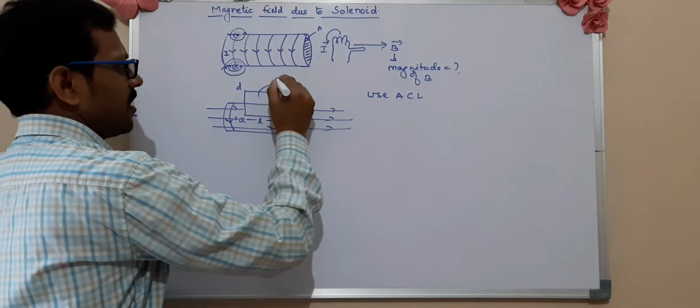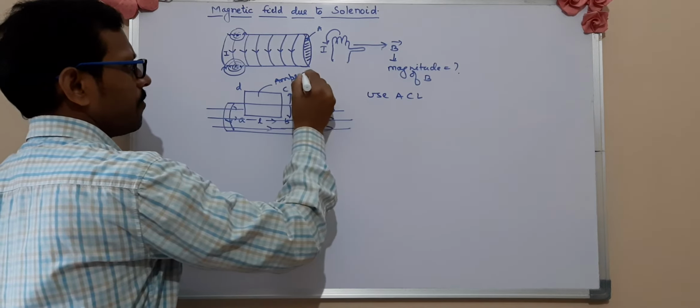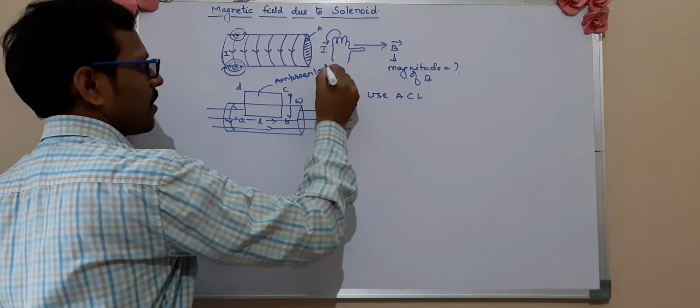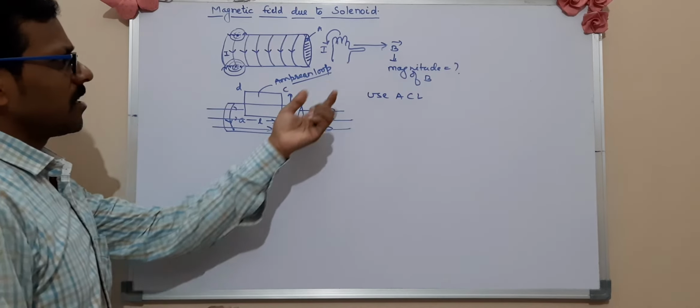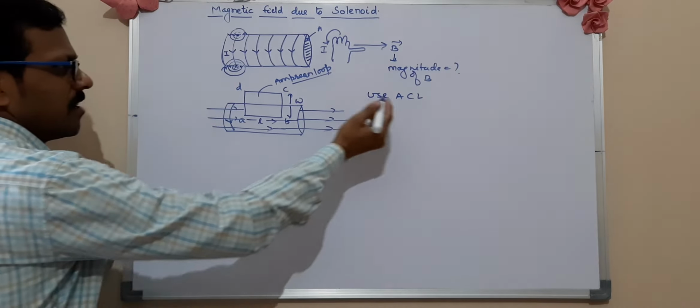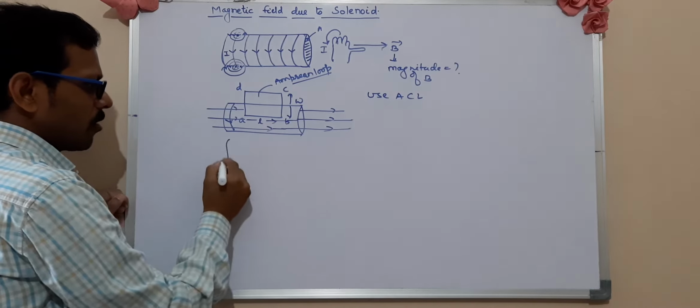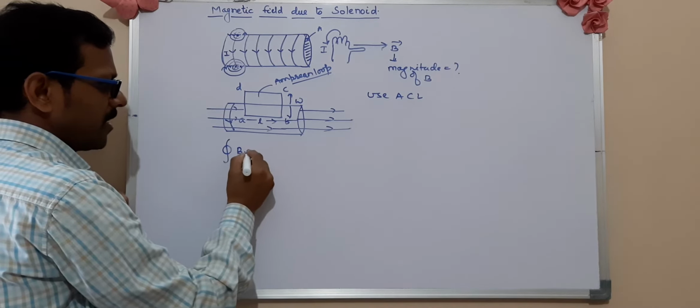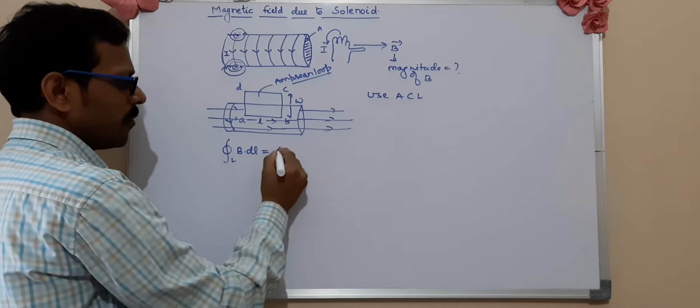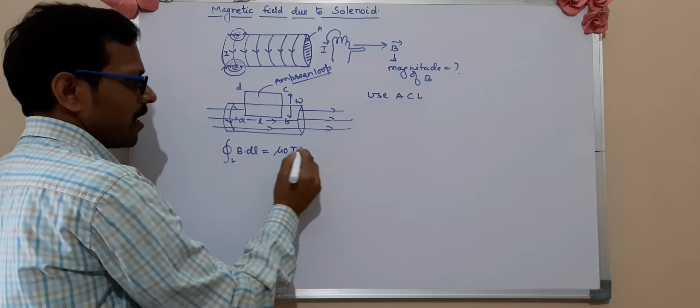So for this Amperian loop which we have taken to find the magnitude of the magnetic field, let me use Ampere's circuital law. According to this, the line integral of B dot dl is equal to mu naught I. This is for 1 turn.